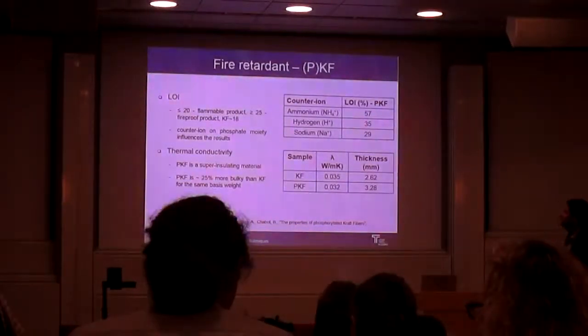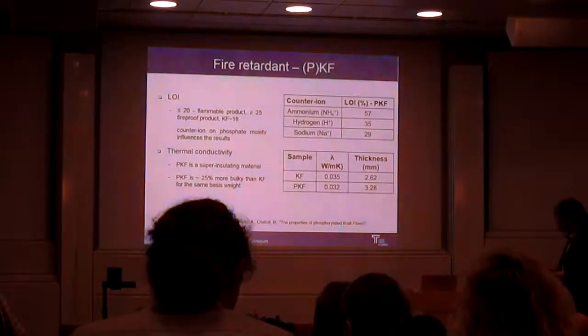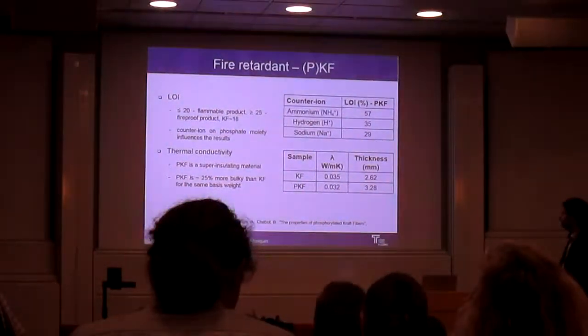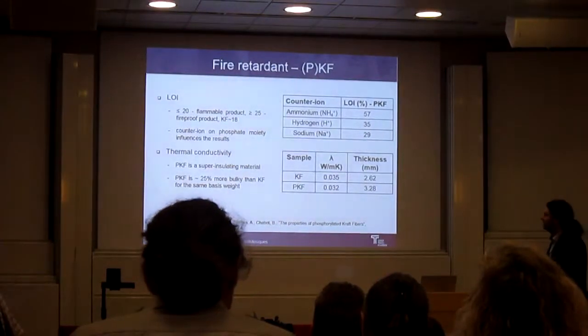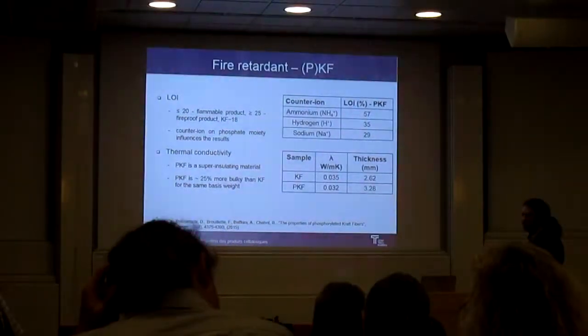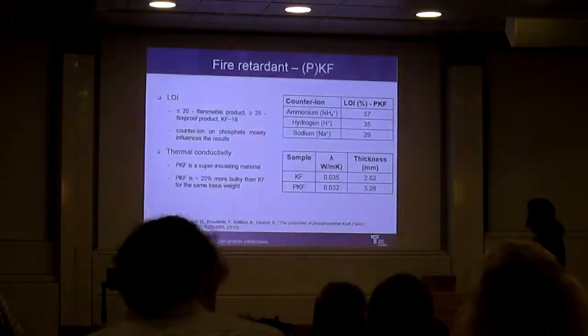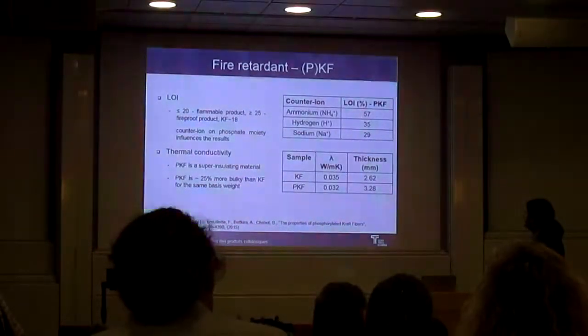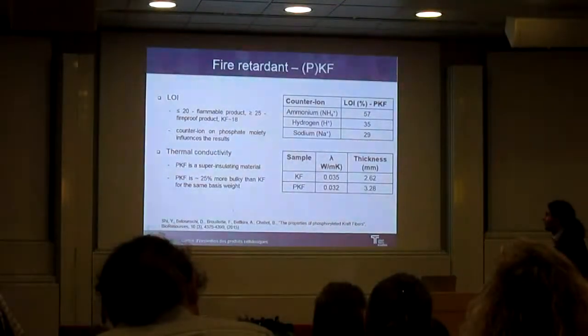So we have tested LOI on the phosphorylated kraft fibers, and we see that the unmodified kraft fibers have an LOI of 18, which is very flammable. In our case, after the phosphorylation, we reach even a 57 in terms of LOI, which is very good.